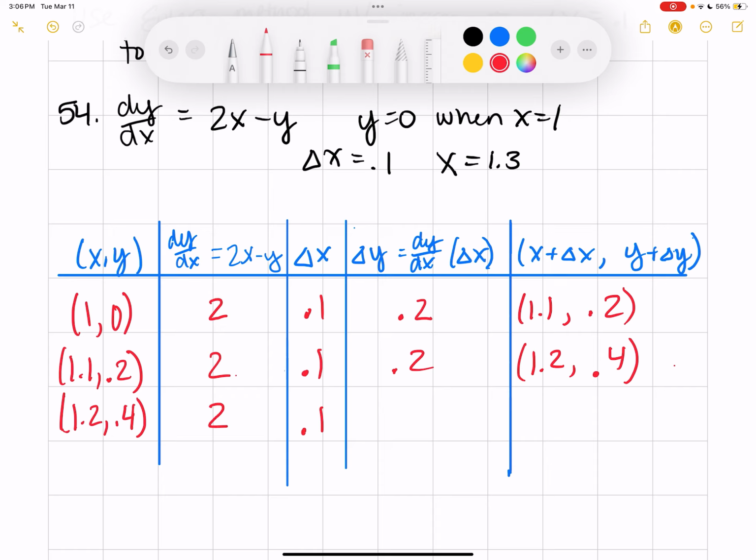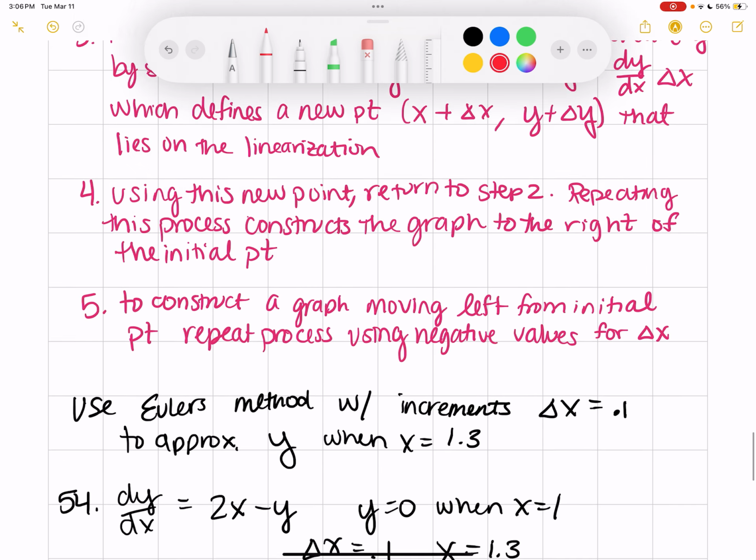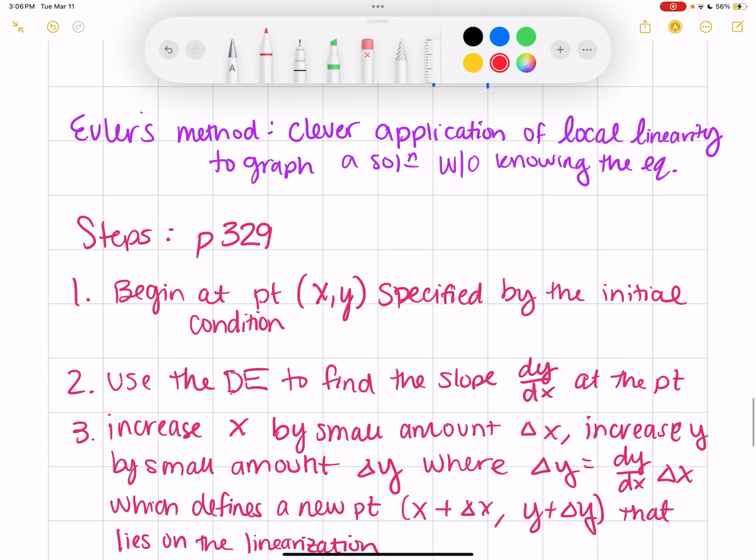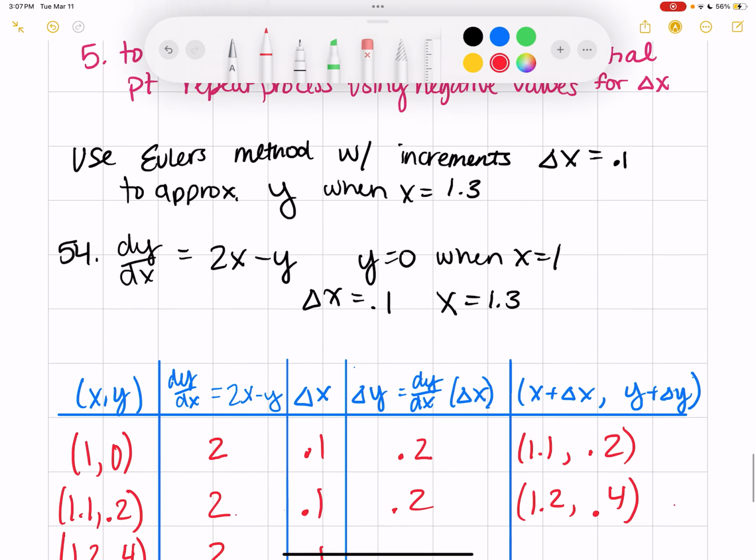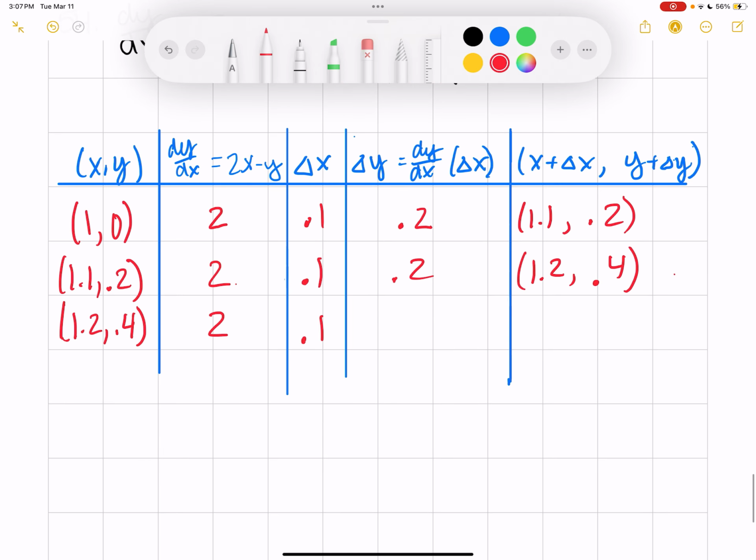Yeah, I feel like this will only work for linear ones. This process will only end up being the same for linearity. But they don't always come out to be the same number either.